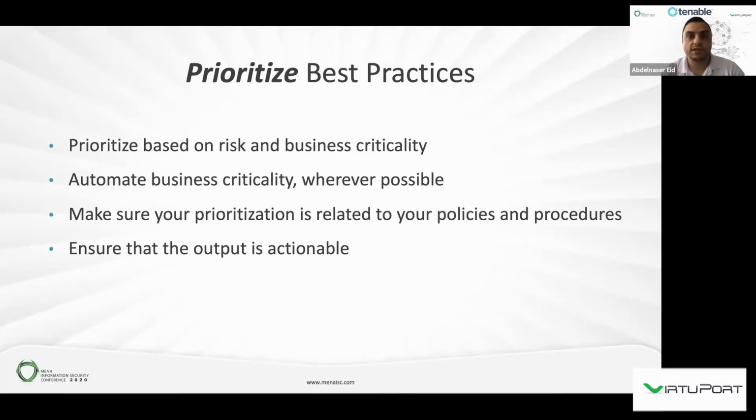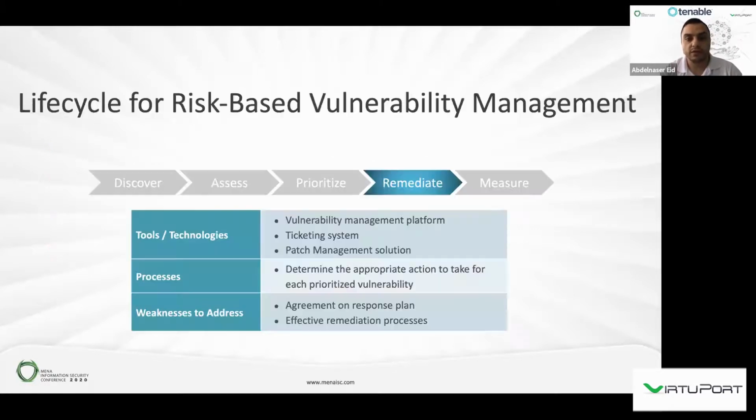If our policies and procedures don't cater for or help in doing this prioritization, we have to make the needed changes in order to make the prioritization go smoothly and in the right direction. Also, we have to make sure that whatever we get as an output of this prioritization is doable. The teams can follow that prioritization in order to achieve the maximum level of security in the shortest period.